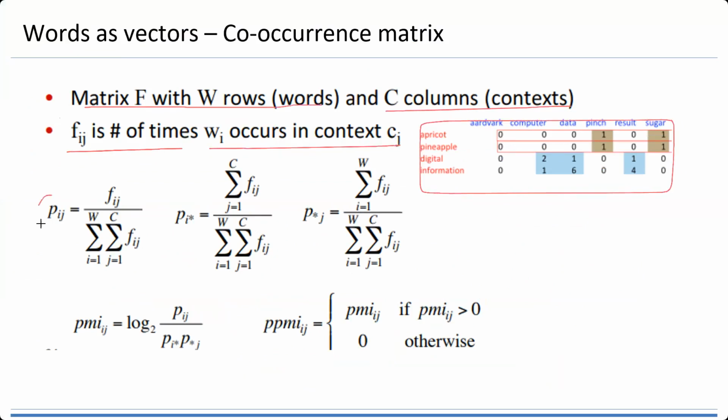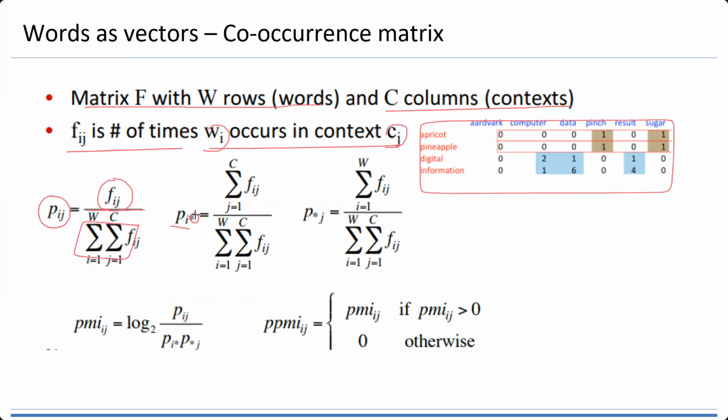So I want to have the Pij. It means how many times the word I appears in the context J divided by the summation. We have Pi star.